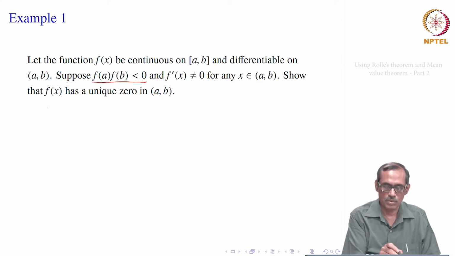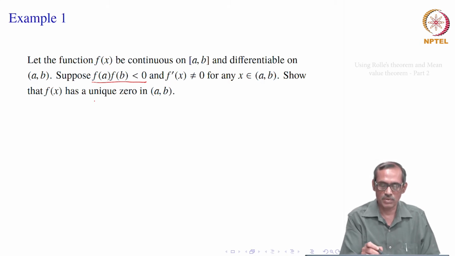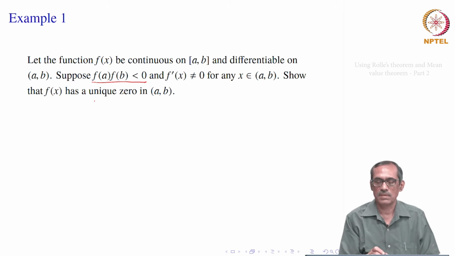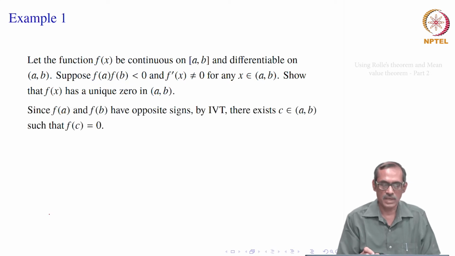Now, we need to show that f(x) has a unique 0 in the closed interval [a, b]. First we have to show that it has a 0, that is, there is a point c such that f(c) equal to 0, and second we have to show that if d is another point and c is less than d, then there is something wrong, or you say c is equal to d. One of these we have to show for uniqueness. Okay, let us see.